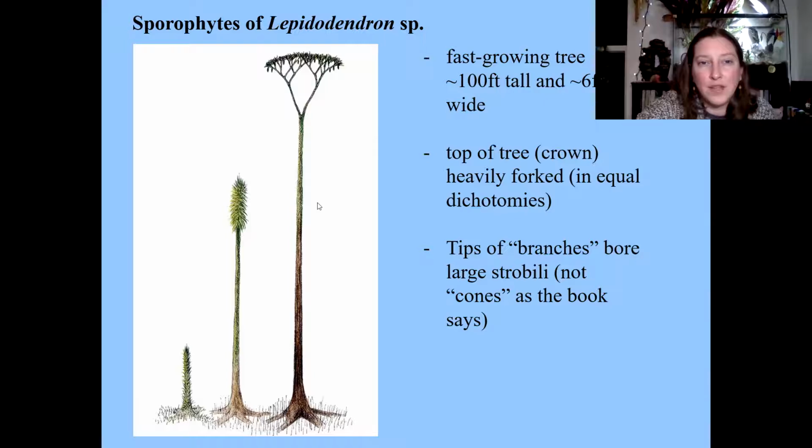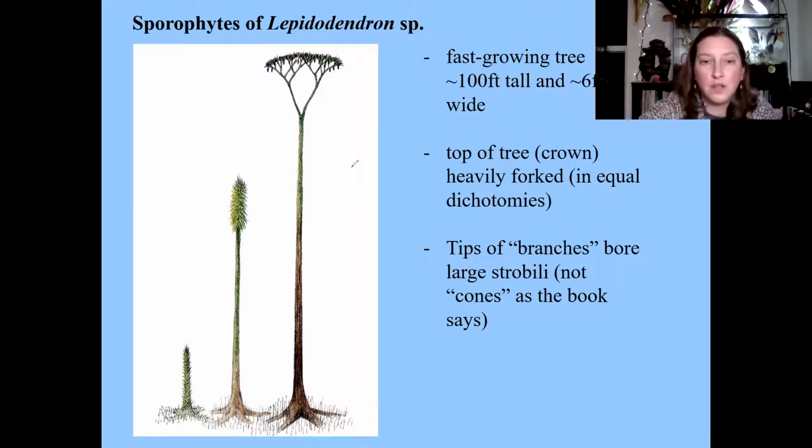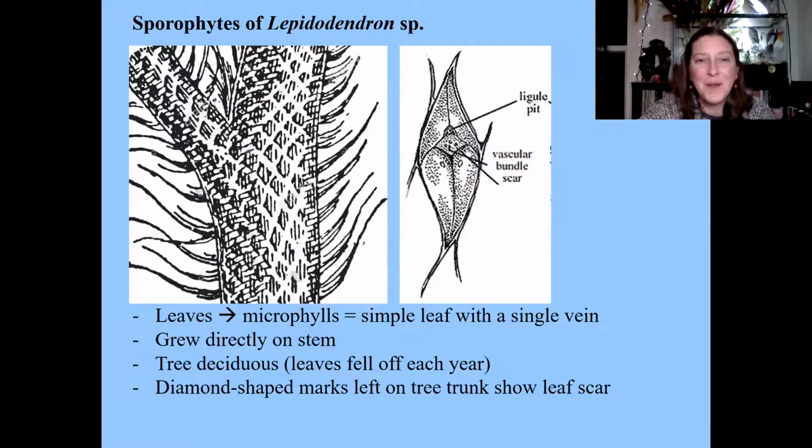When the tree is mature, at the top of the tree, you see a lot of equal dichotomy. So look up here, right? A lot of equal dichotomy. And at the tips of all of the branches, remember they're not real branches yet, you have really massive strobili that are like this big, like huge. Not cones, as the book says. These are strobili. I will rant about that another day.